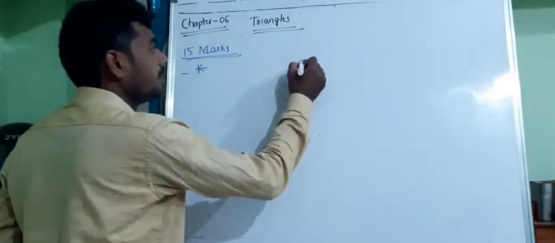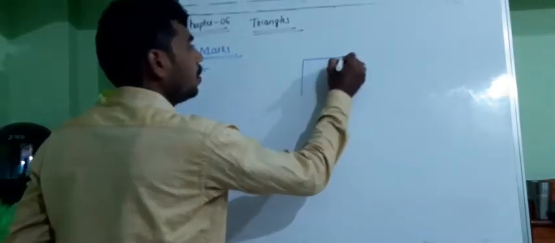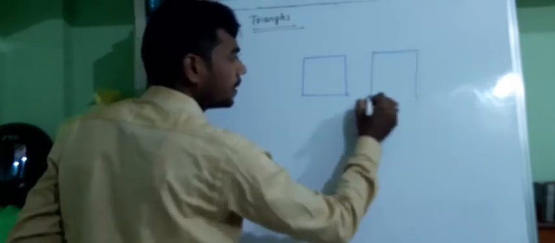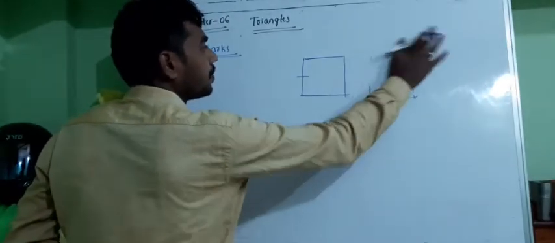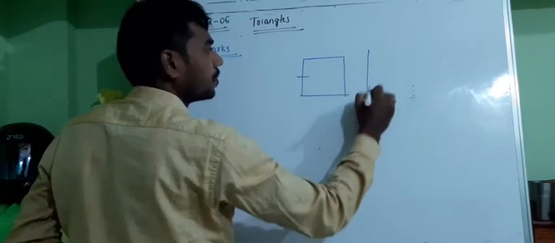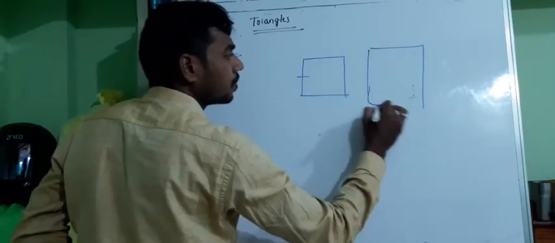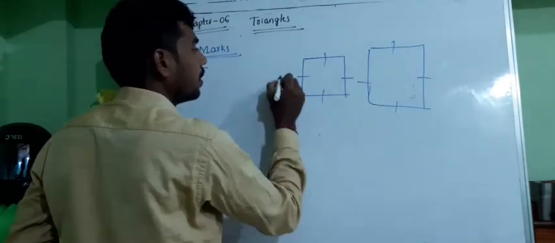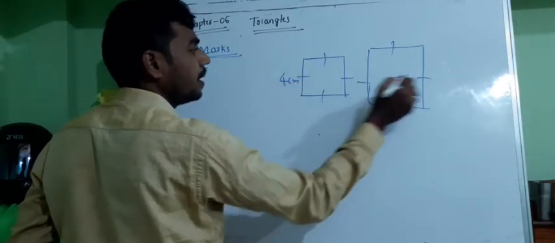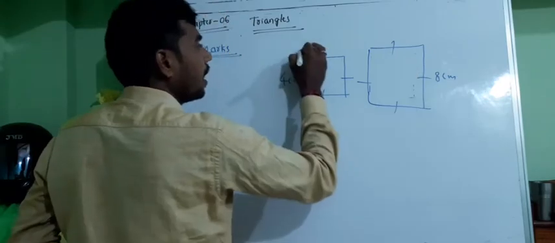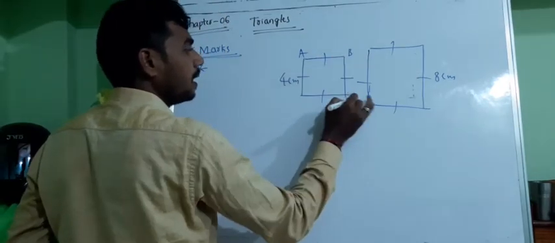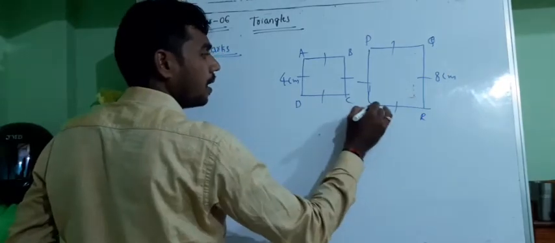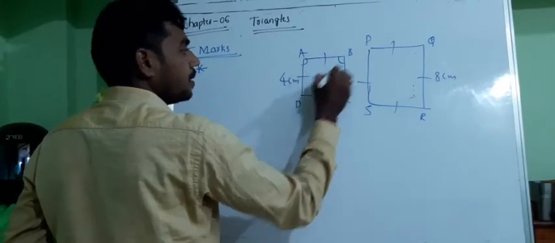First condition: if I take two quadrilaterals, two squares, this square is of dimension 4 centimeter and this is of 8 centimeter. ABCD and PQRS.